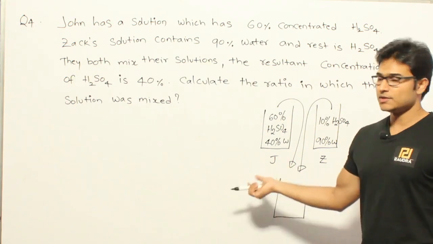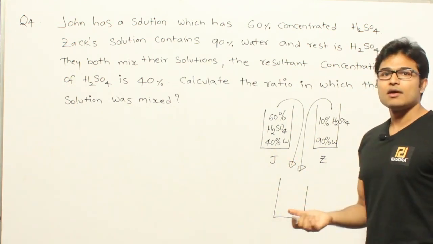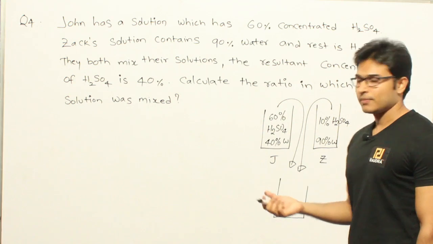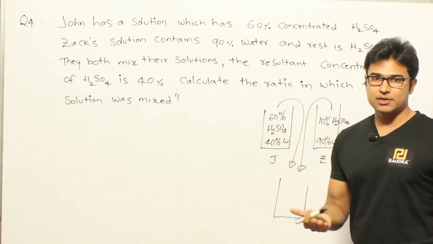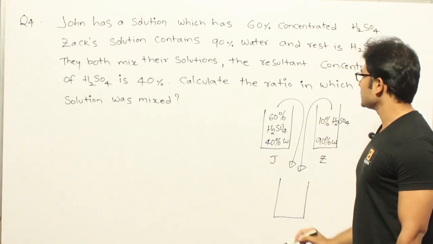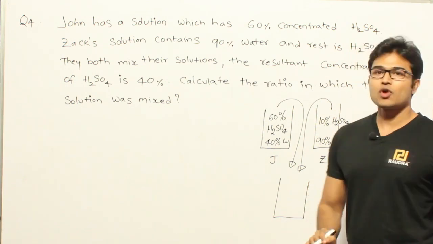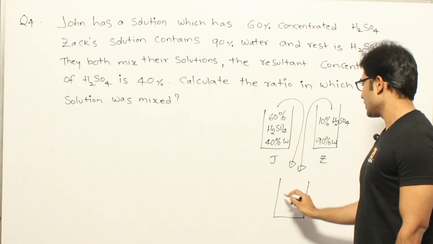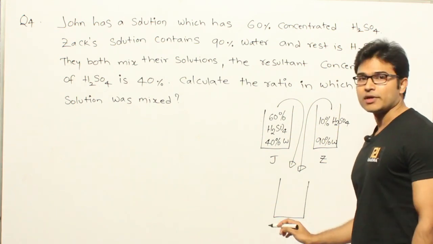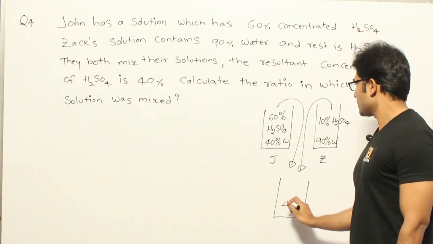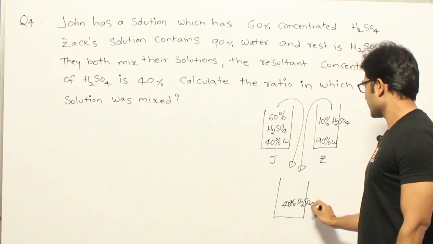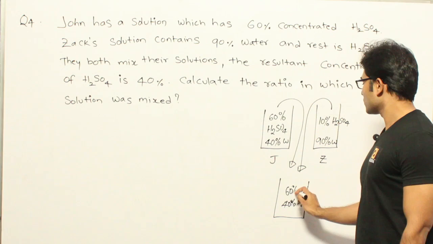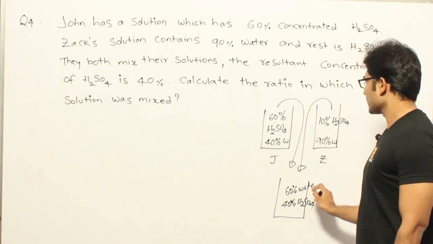Liters generally, since it is a liquid, we are talking about liters, or even if you go by weight, it is not an issue. So now let us assume that some liters is taken from here and some liters is taken here, and now the final mixture is supposed to contain 40% H2SO4. They are saying that this final mixture, whichever you are going to get, has to contain 40% H2SO4 and 60% water. Right?